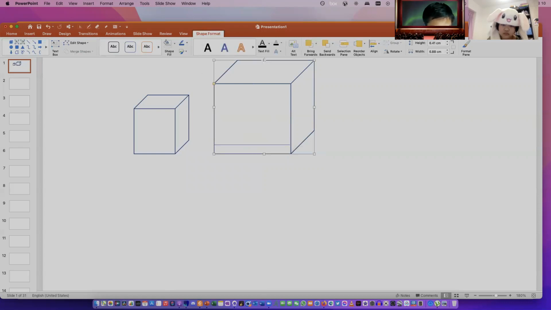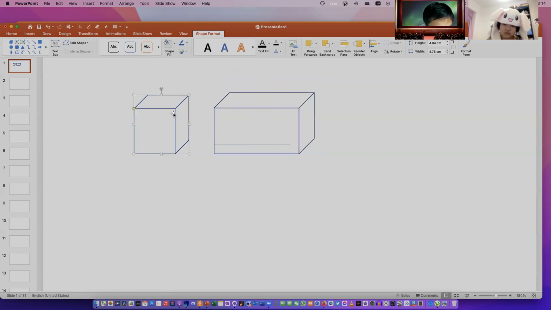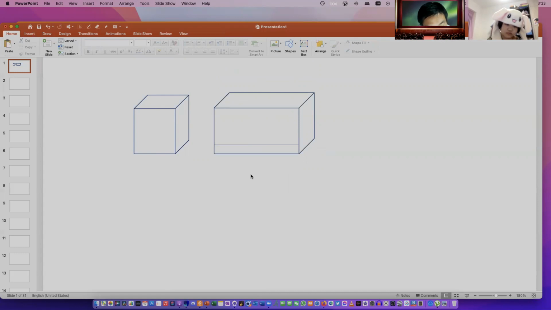Let me make them of the same height. Last week the question was not this, but anyway, this can be one of the questions.